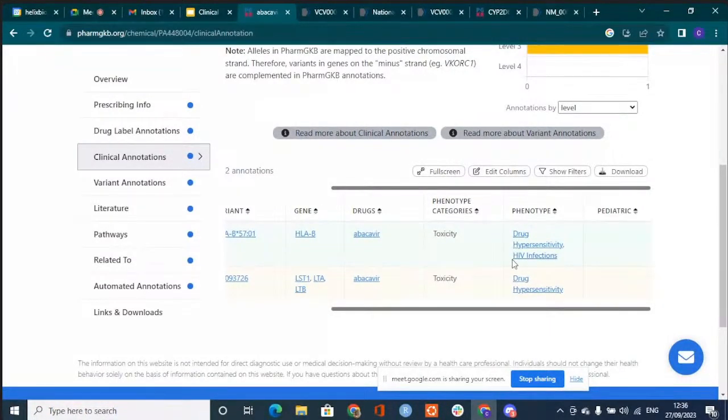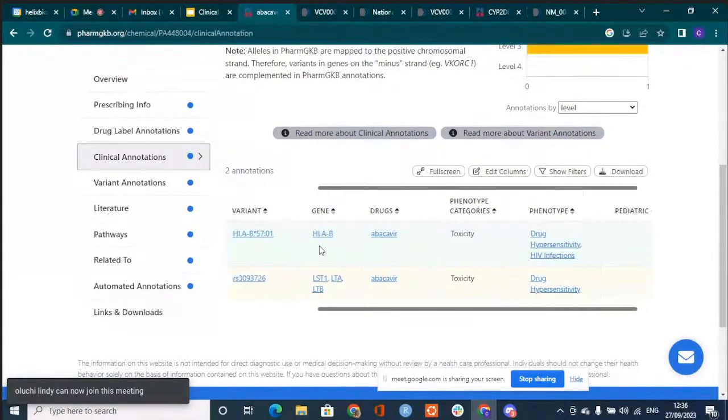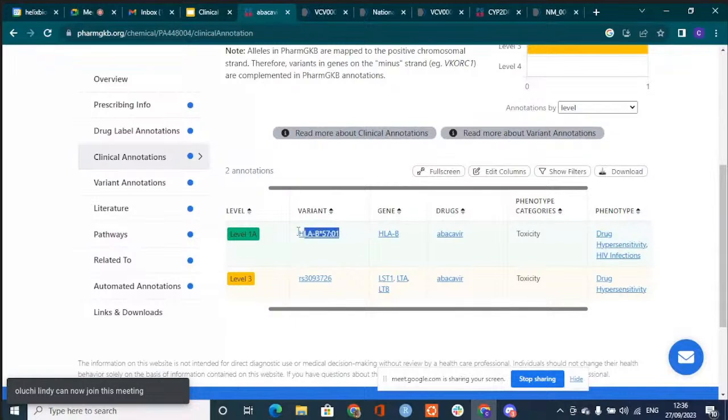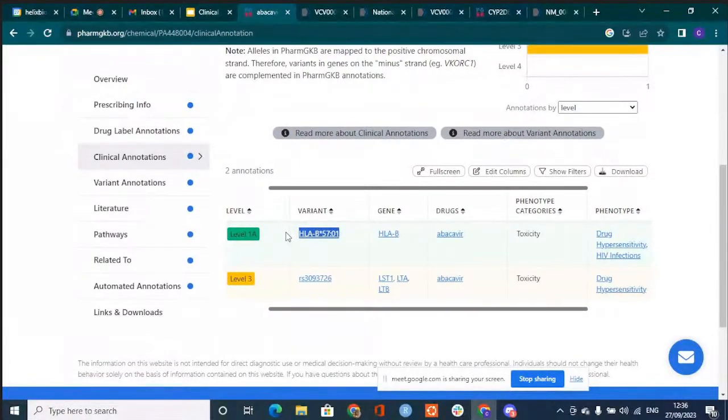Abacavir is an HIV drug. If the patient is expressing HLA-B*5701, that patient is prone to develop a hypersensitivity reaction. So that was what that means.